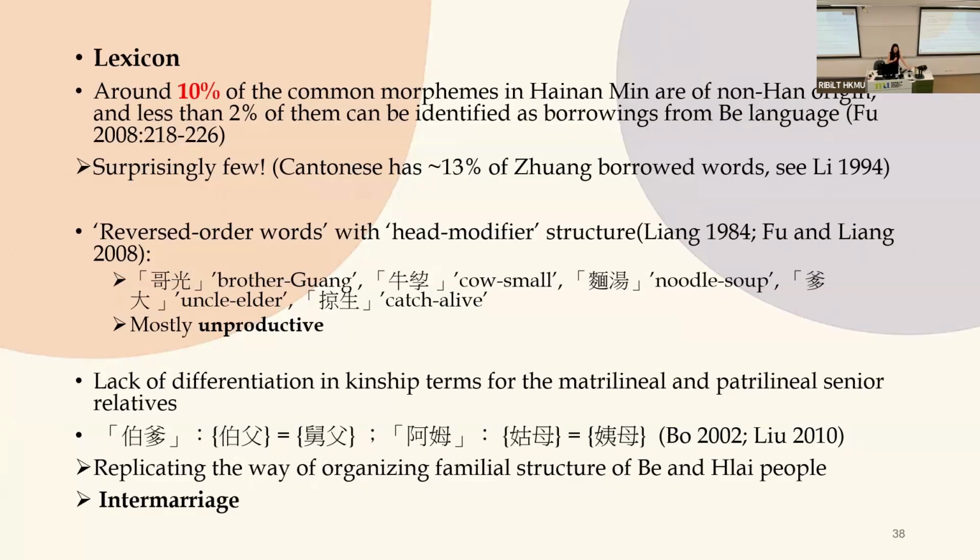However, this is actually the norm in Bei and Hai. The fact that we can observe this influence of indigenous culture and language in the kinship terms of Hainan Min indicates that the interaction of Han Chinese and non-Han Chinese was by no means restricted to public domains, but probably extends into familial settings, possibly through extensive intermarriage as well.